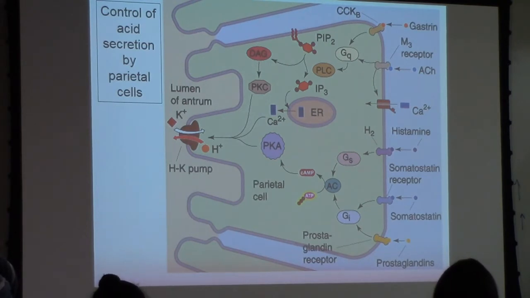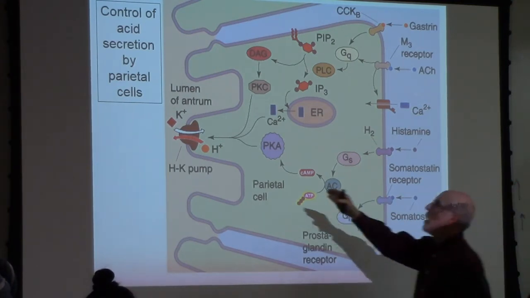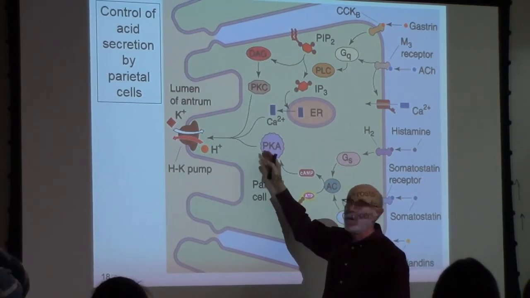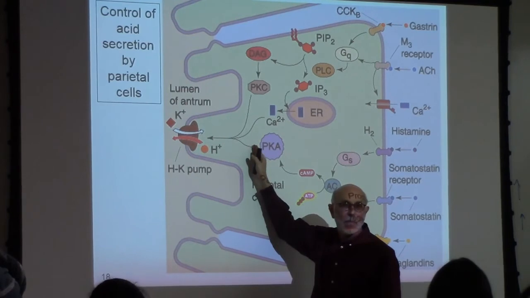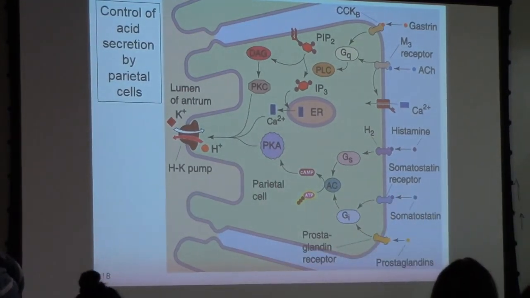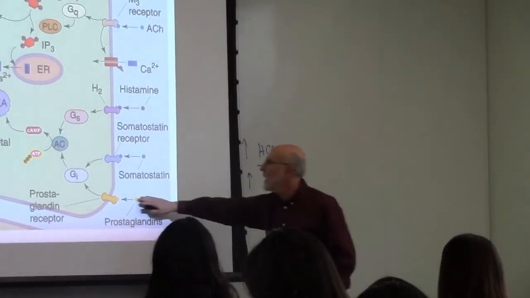Somatostatin works through a GI to inhibit the GS story, inhibits adenylyl cyclase, and allows a constitutive endocytosis of these vesicles, removing the pump from the apical membrane. We're not going to talk about prostaglandins.